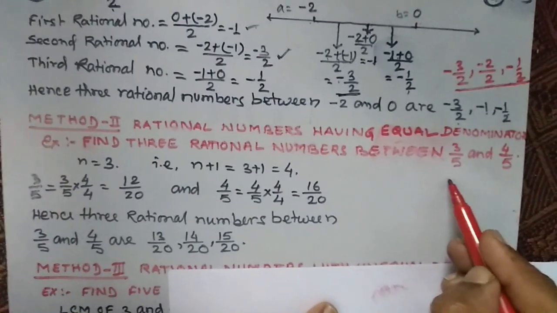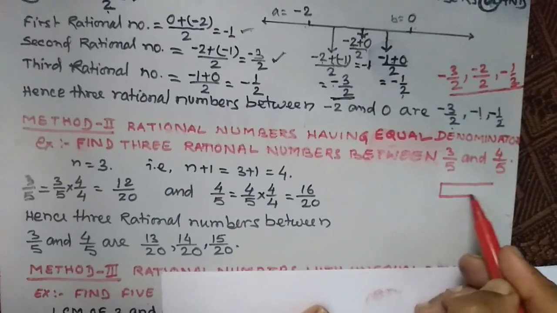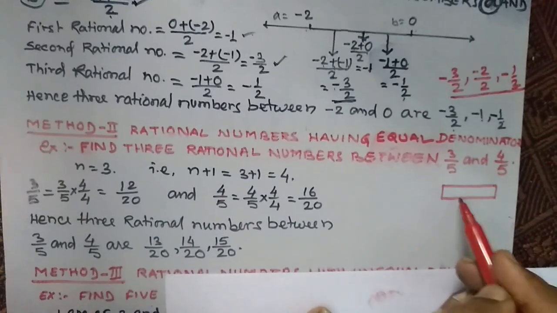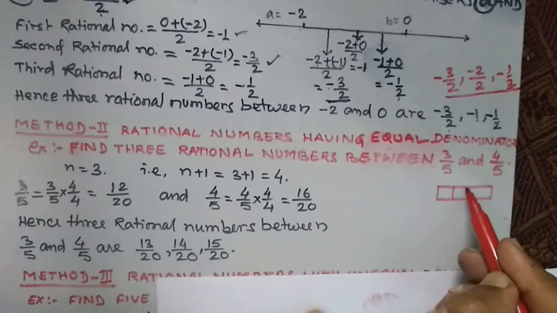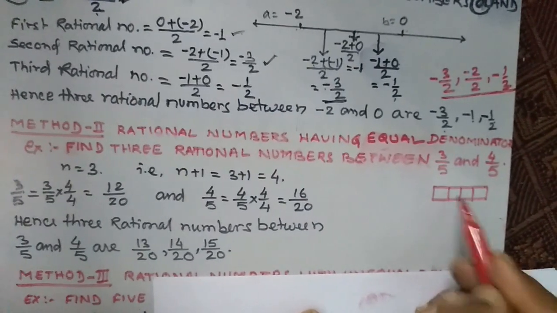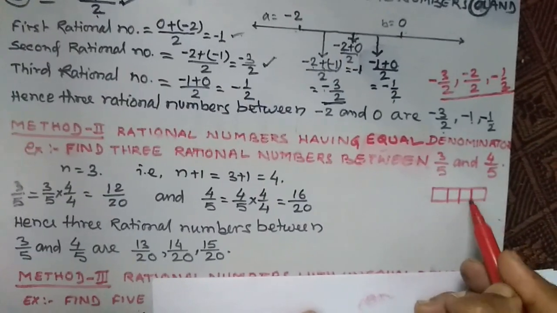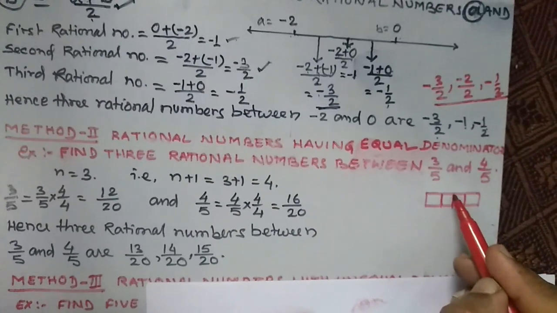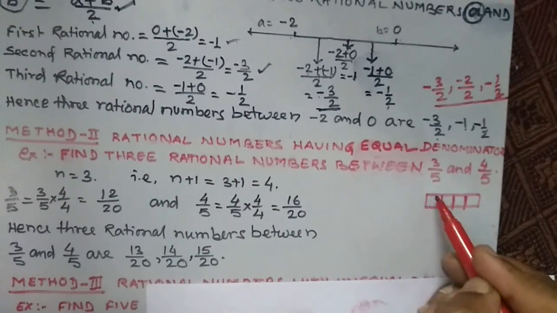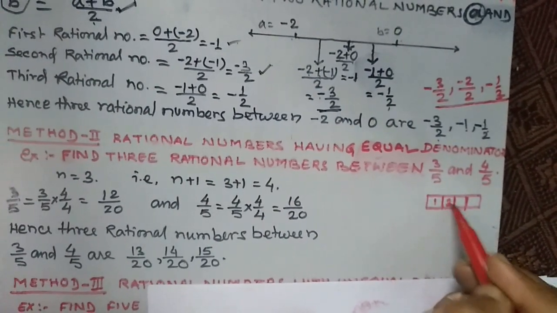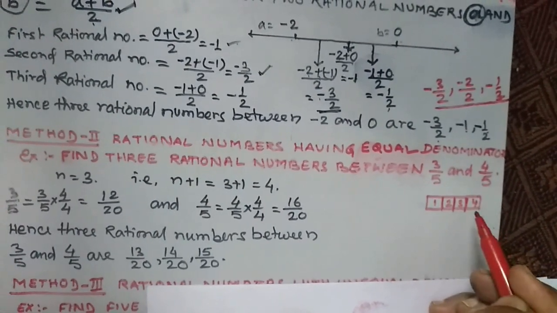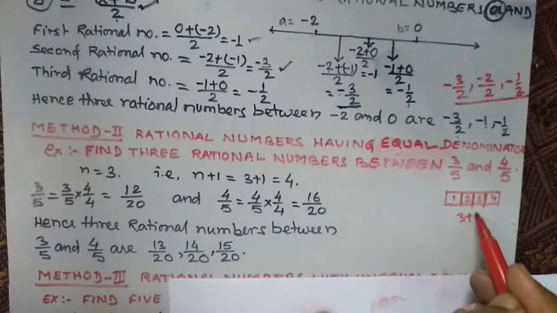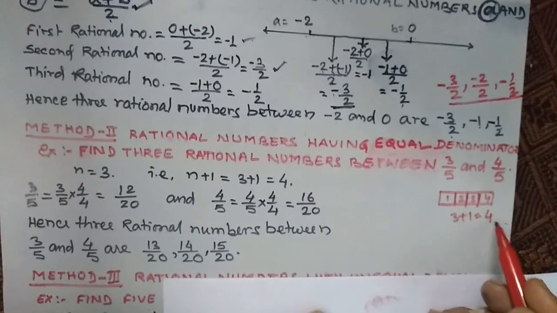Like when you have a room and you have three partitions, 1, 2, 3, it is clear these three partitions make a room into 4: 1, 2, 3, 4. That means 3 plus 1 equals 4.